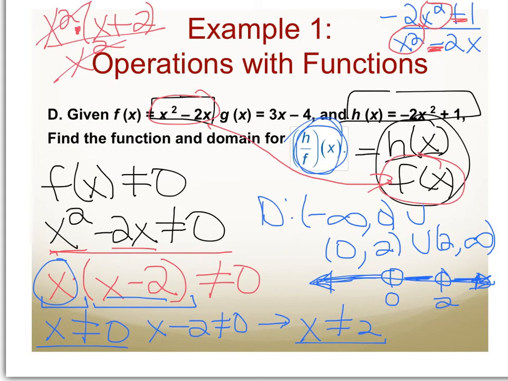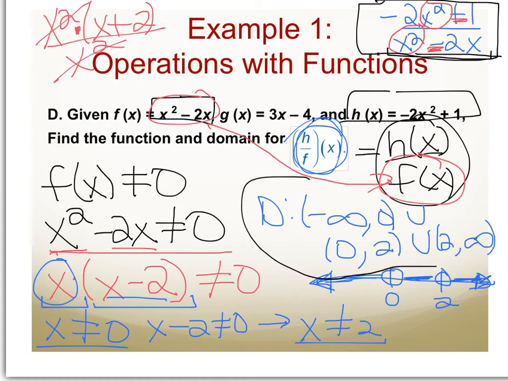But in this problem in particular, since you're adding a 1 to negative 2x squared on top, and you're subtracting 2x on bottom from the x squared, you cannot cancel out the x squareds. So that would be your final answer, negative 2x squared plus 1 divided by x squared minus 2x on bottom. And our domain, of course, is negative infinity to 0, union 0 to 2, union 2 to infinity.